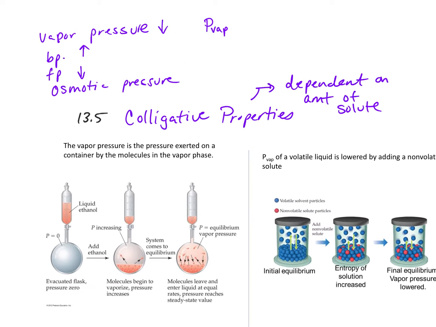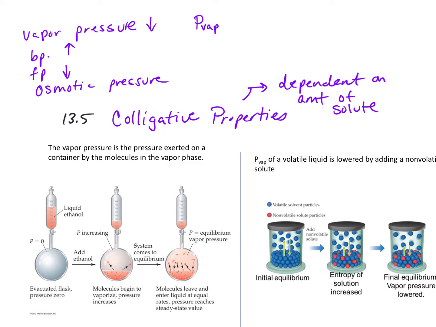My screen is slightly different than yours. There we go. Okay, so first thing, let's think about vapor pressure. So you talked about vapor pressure in 12.10, right? At the end? Okay.